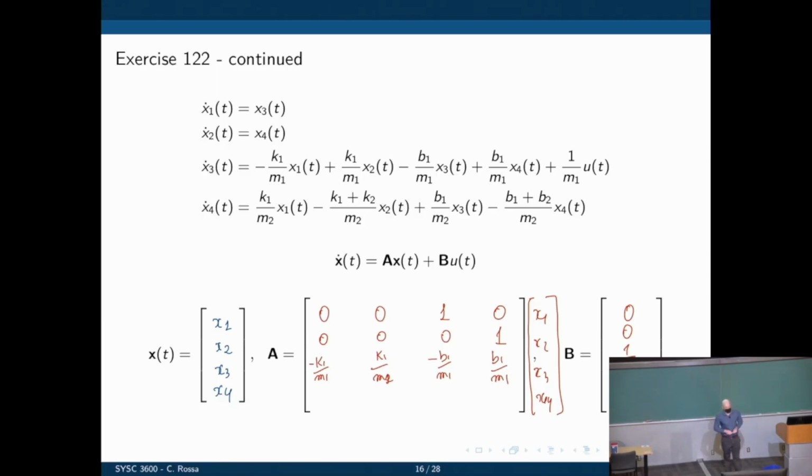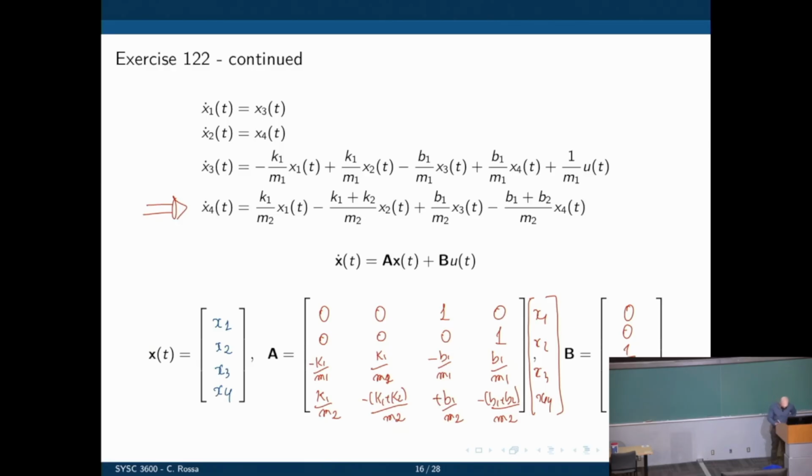Yeah? So what is x4 dot? Let's do x4 dot. What goes in the last row? Well, coefficients of all x's. That's k1 over m2, minus k1 plus k2 over m2, plus b1 over m2, and minus b1 plus b2 over m2.